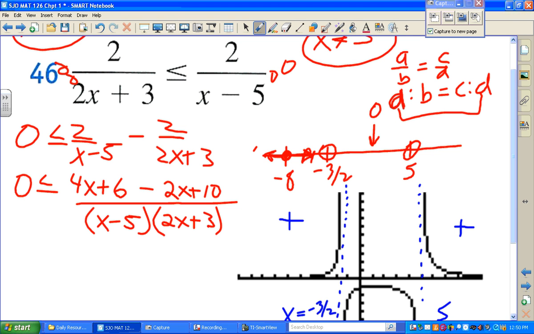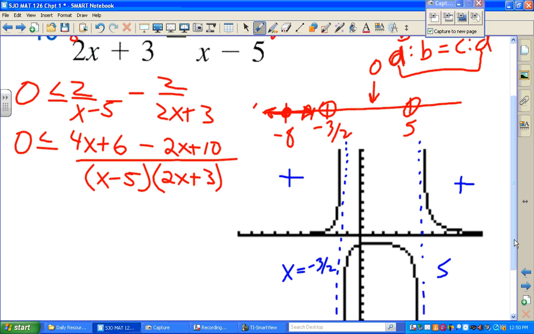Now it's shaping up. Is my arithmetic all right so far? 4x plus 6 minus 2x plus 10. It looks like it. 2x plus 16 all over x minus 5, 2x plus 3.